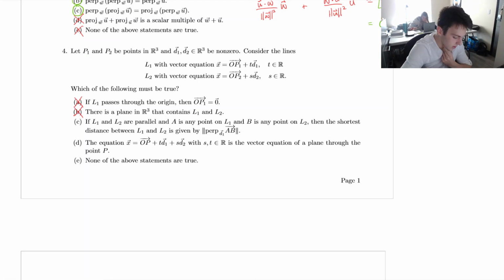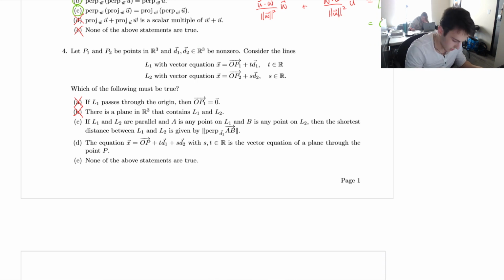So for C, we have: if L1 and L2 are parallel, and A is a point on L1 and B is a point on L2, then the shortest distance is given by this expression. So let's just sketch this out.